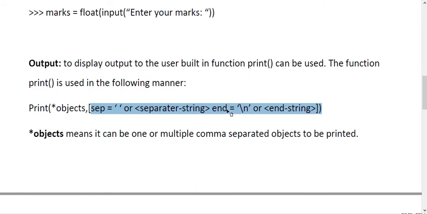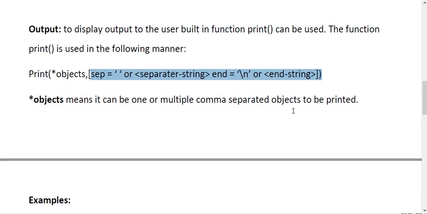End generally works as the end-of-line character. That means after the print is over, what will be the next character? If it is \n, a new line character will be there and we will be on the next line, and if you want any other character, we can specify it as a string. So let us understand it.